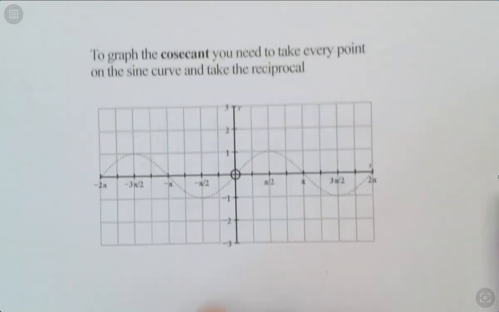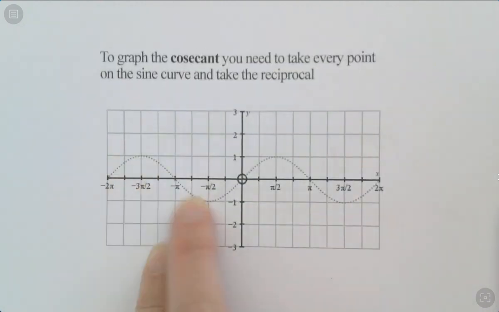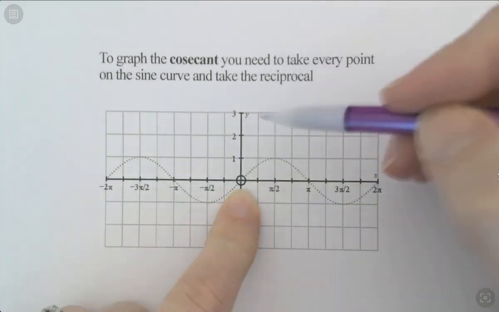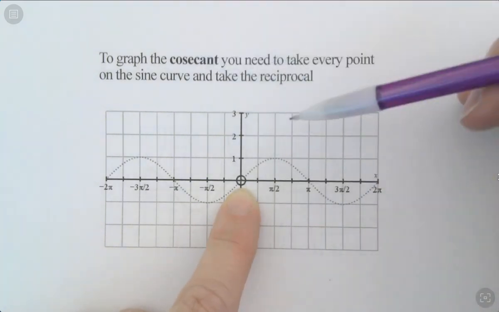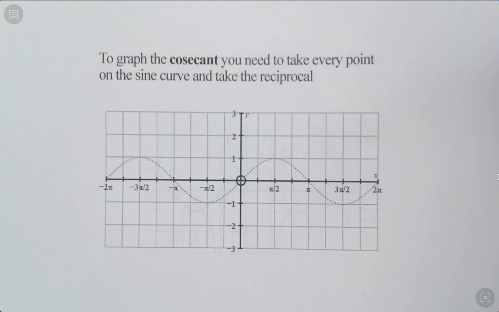All right, let's talk about the cosecant functions. So I think I gave you this slide where I gave you the sine curve, but dashed. To graph the cosecant curve, you want to take every point on the sine curve and find its reciprocal, because that's the relationship between cosecant and sine.